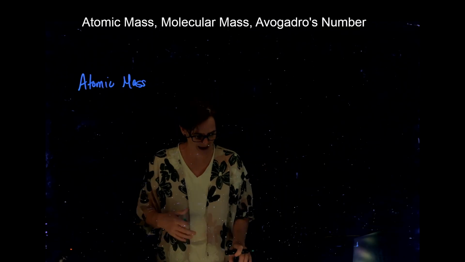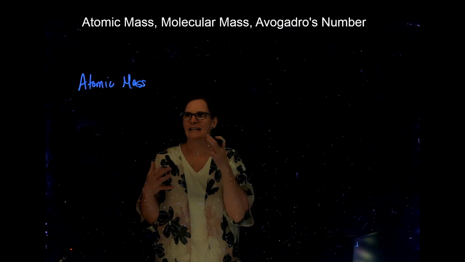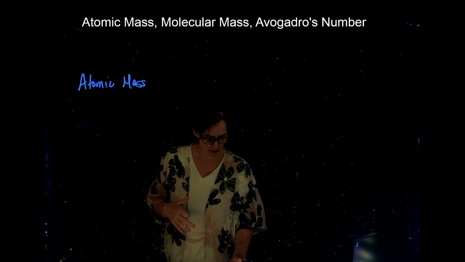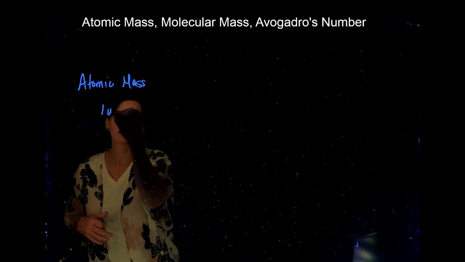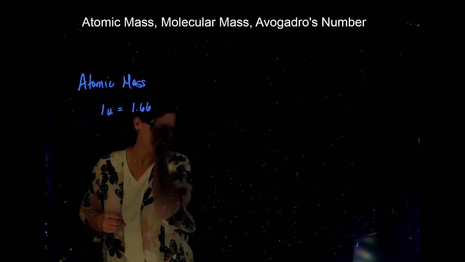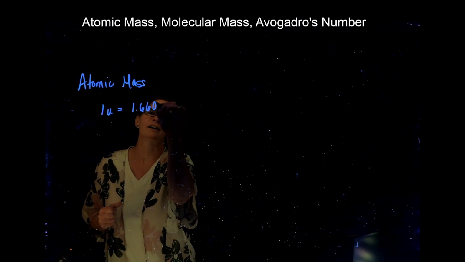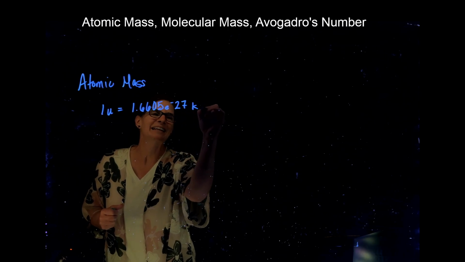And we've kind of normalized it as we talk about it into this standard mass unit. So one of that standard mass unit, U, is equal to 1.6605 times 10 to the minus 27 kilograms, right?